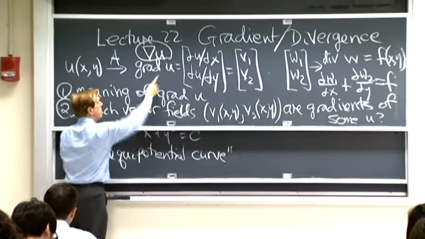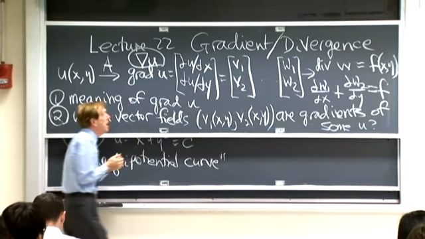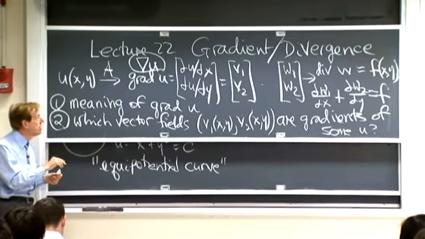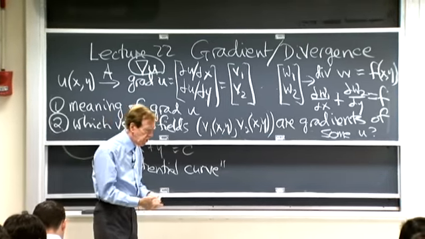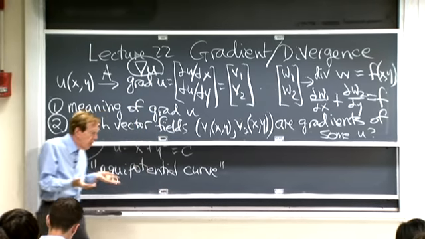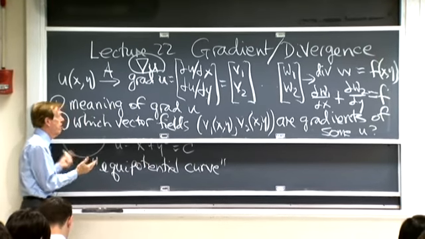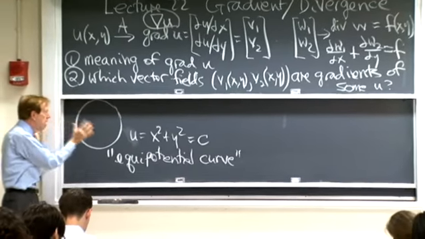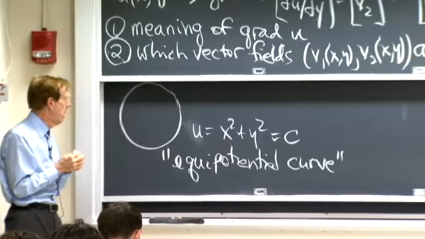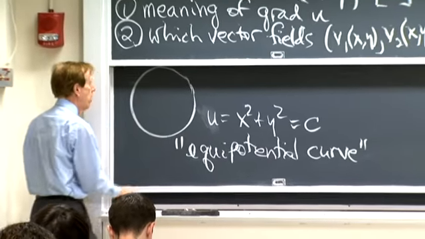Okay, meaning of the gradient. The gradient is just the obvious thing, the two derivatives in the x and y direction. So of course, the gradient gives you the rate of change, the partial derivatives of u. But how do you see that in a picture? Let me draw an important curve.